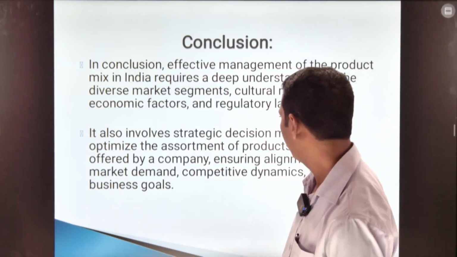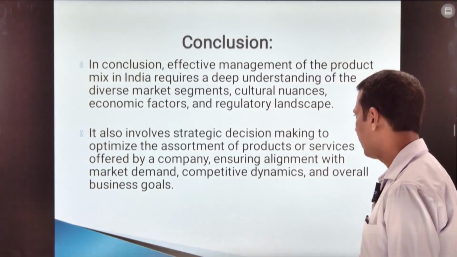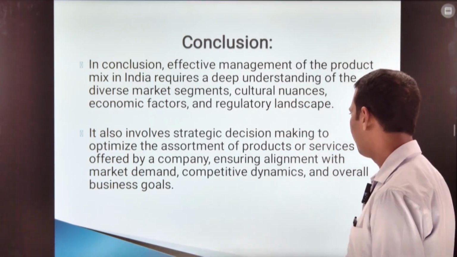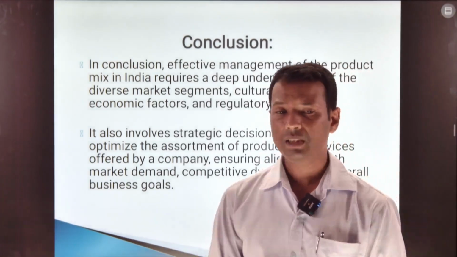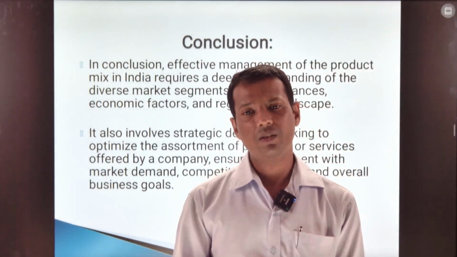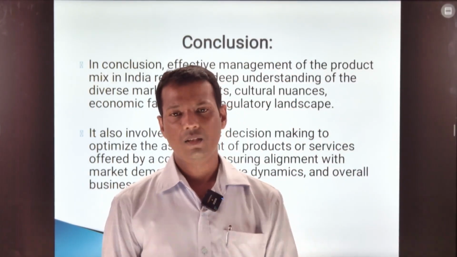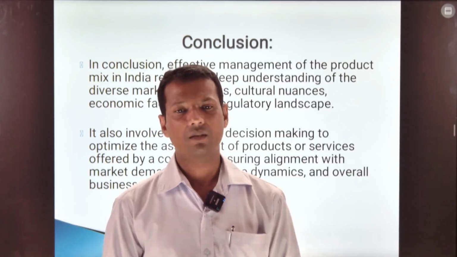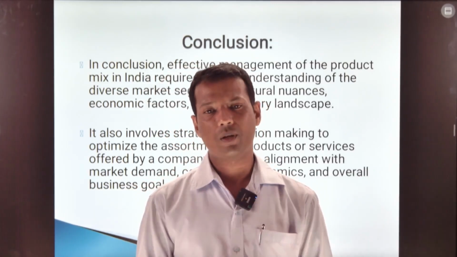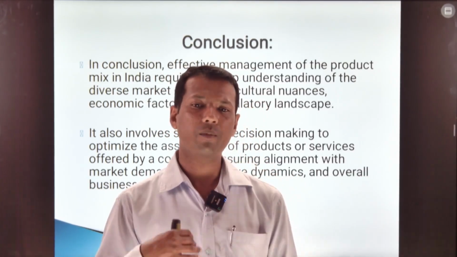Next, it also involves strategic decision making to optimize the assortment of products or services offered by a company, ensuring alignment with the market demand, competitive dynamics, and overall business goals. See, strategic decisions have to be taken so that you can optimize the assortment of various kinds of products and services which you are offering to the market.